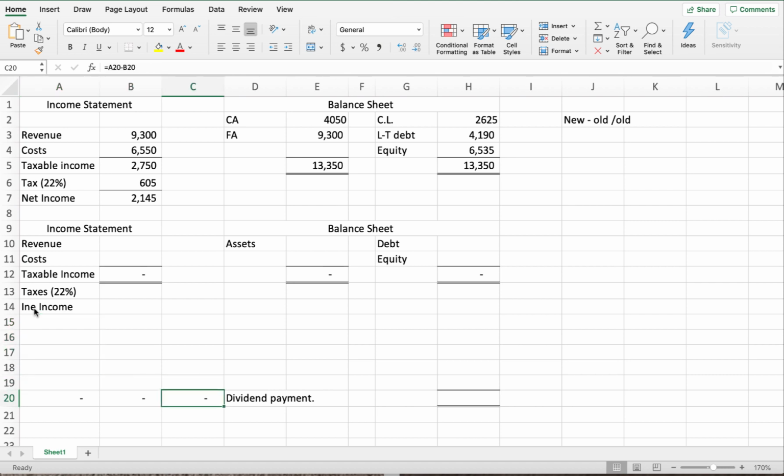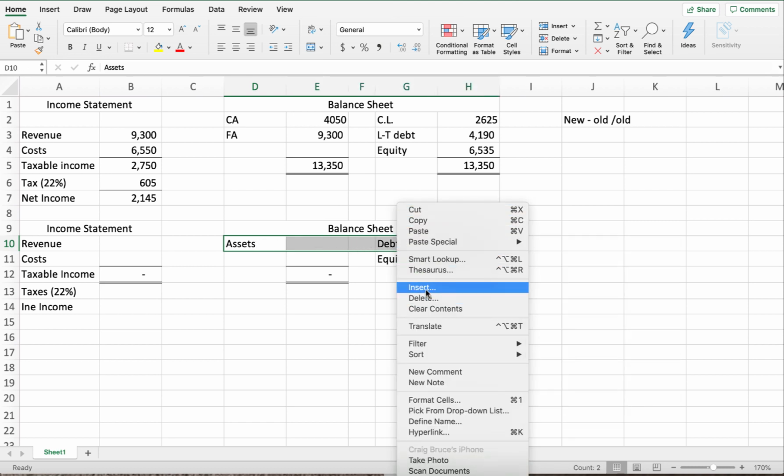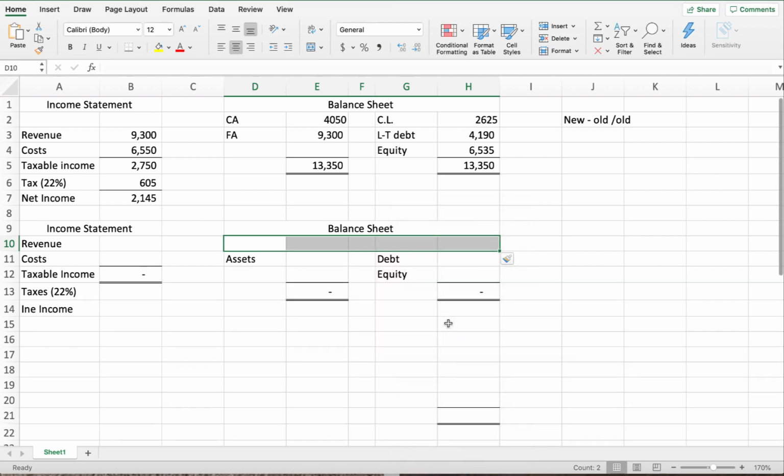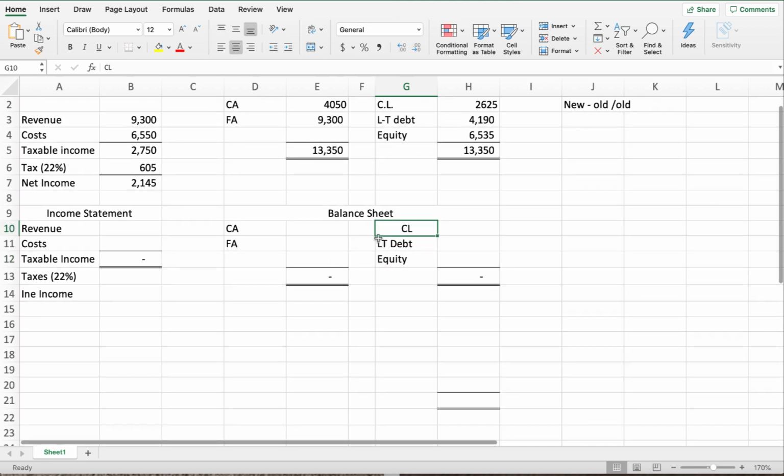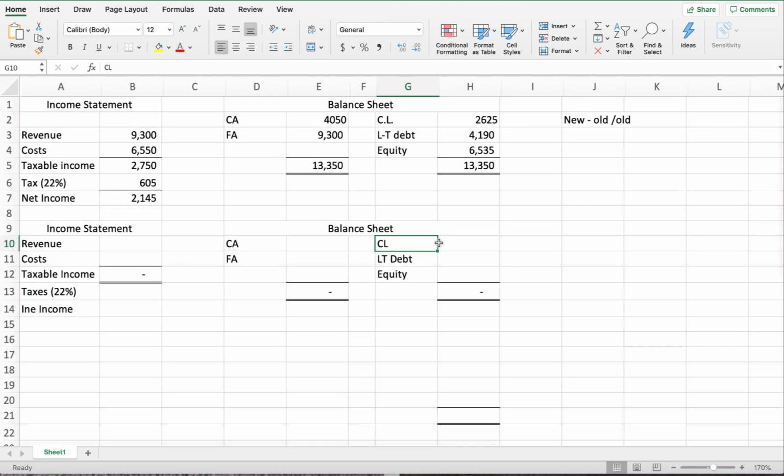Get rid of all this other stuff down here. Okay, so just want to set up my balance sheet a little better here. So I want to have my current assets, my fixed assets, my current liabilities, my long-term debt, and my equity, right? Always a good idea to set up the problem, because it lets us know what we have and where we need to go, okay?